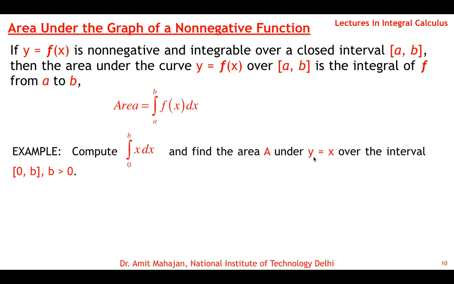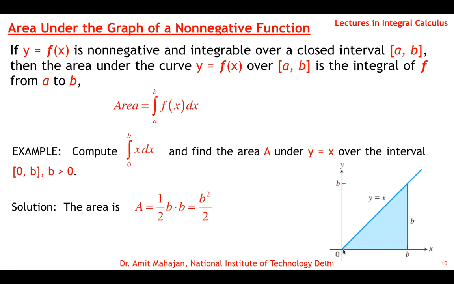Clearly you can see that the line y equals x from 0 to b, with b positive, is a curve above the x-axis, and so this integral from 0 to b of x dx, which is like the integral from a to b of f(x) dx, will compute the area under this curve y equals x, above the x-axis and below this curve.